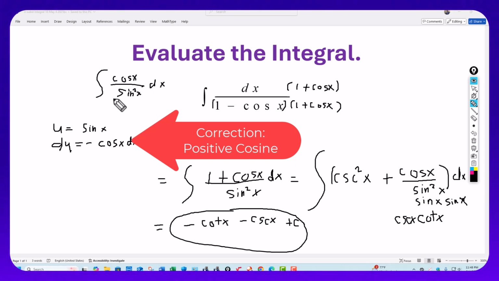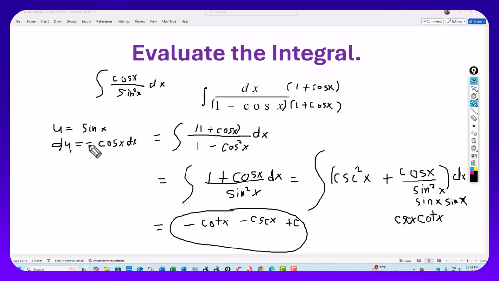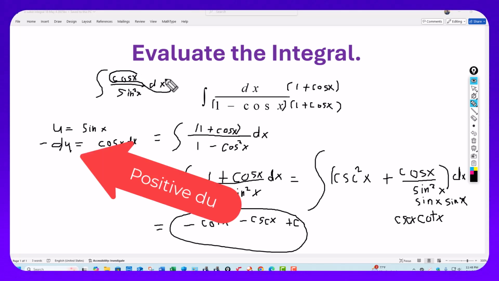So this one is a regular substitution, because if I take the derivative of sine, that's going to give me a cosine. So cosine of x dx can be replaced by du. So we write the integral this way.